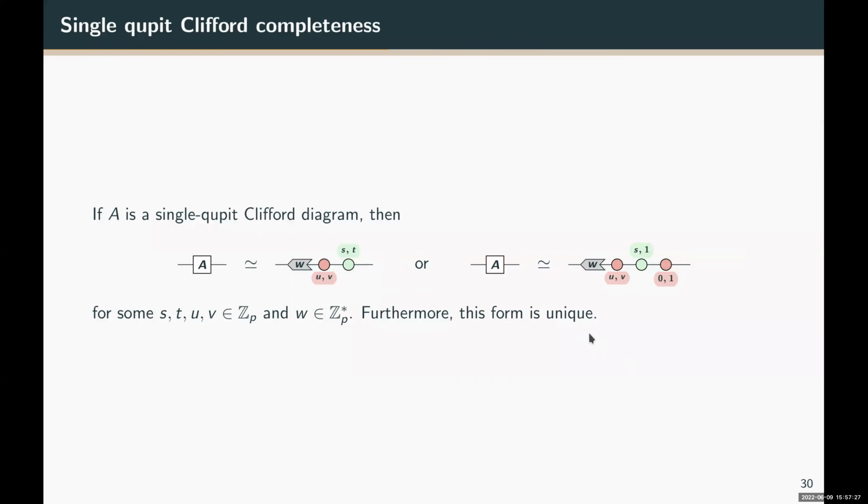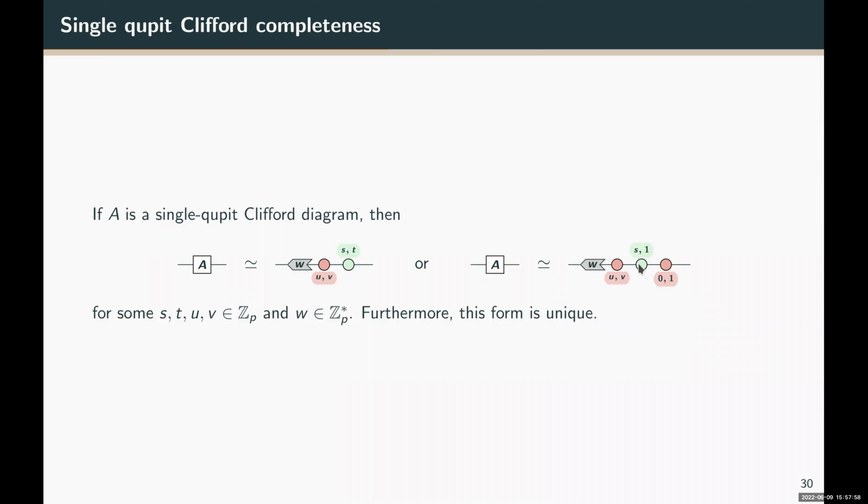What this statement is really saying is that any single qubit Clifford diagram is going to be, once again, this transformation with a linear part and a translation. And this is just a decomposition into shears and the diagonal WW-1 diagrams plus a translation, or vice versa on the other side.